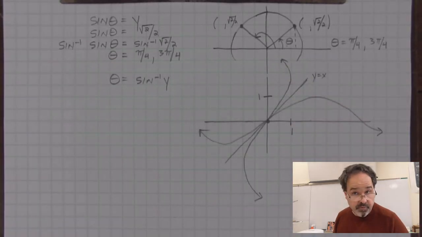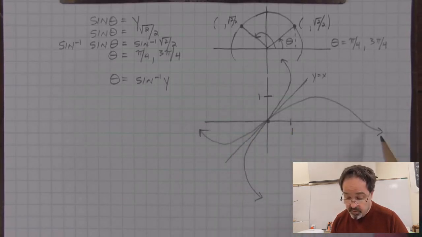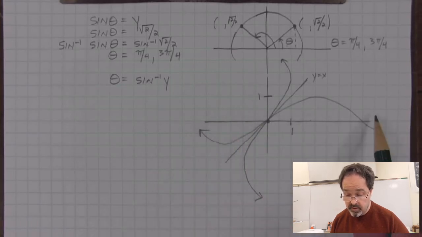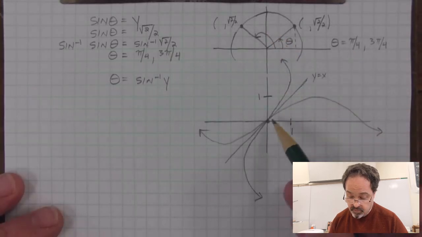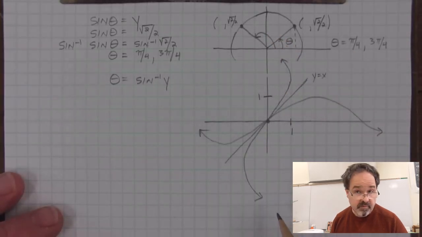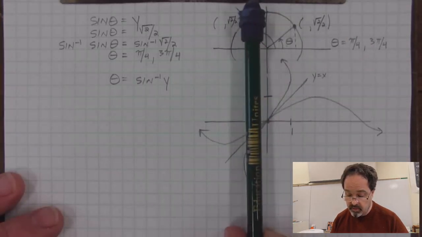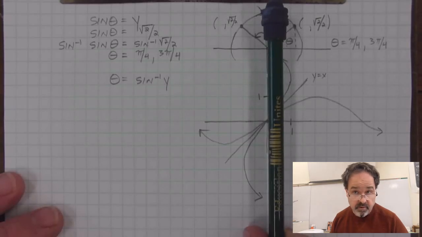Here's the issue with inverse sine. Because sine is periodic and has multiple solutions, when you reflect it, its periodic nature means that it will not pass the vertical line test. If you reflect the entire wave, then any vertical line is going to intersect at an infinite number of places.